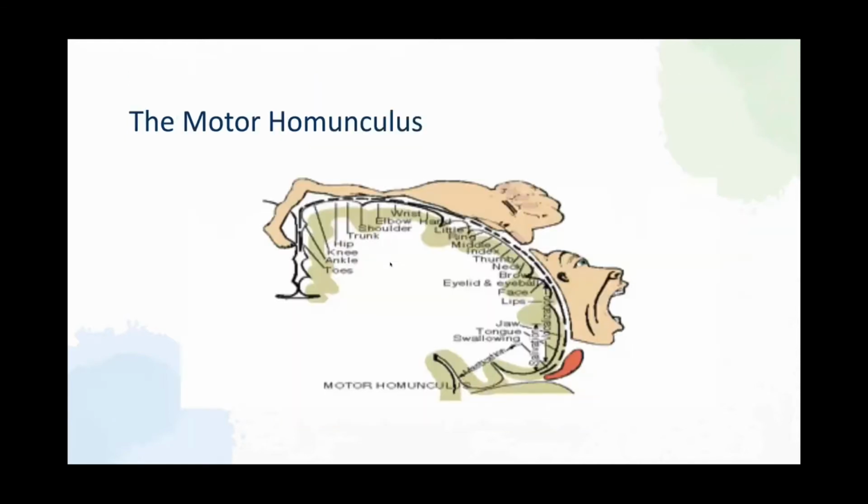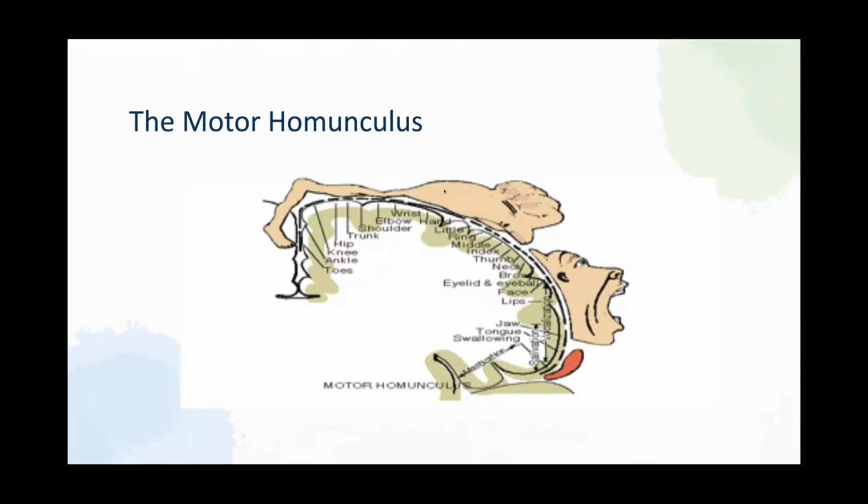Now we're going to talk about the homunculus. Have you seen the homunculus before, or is this the first time you see it? If you've never heard of it, the homunculus is a representation of the body parts over the cortex. So in the motor cortex, your tongue is here, your face is here, okay, you've seen it before.